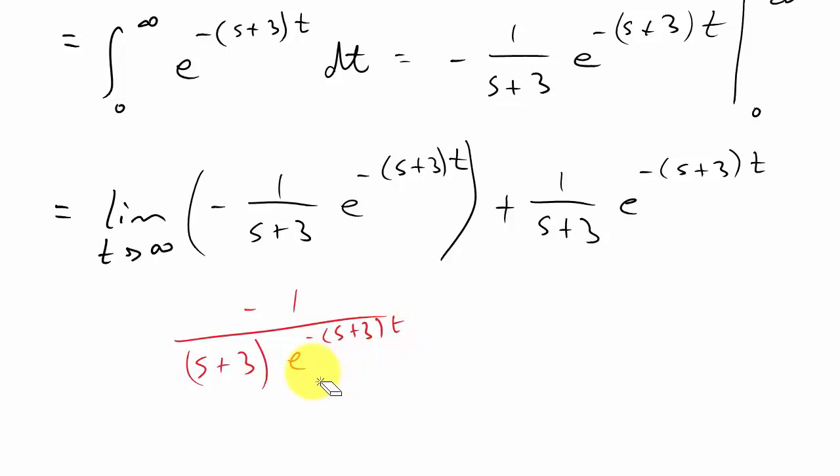I'm sorry, not negative, it would be positive, because when we move it down to the denominator, it changes the sign of the exponent. So as t is getting really big, t is going to infinity, that means this whole denominator is getting large, so the whole fraction is going to 0. That means this whole term is going to 0.